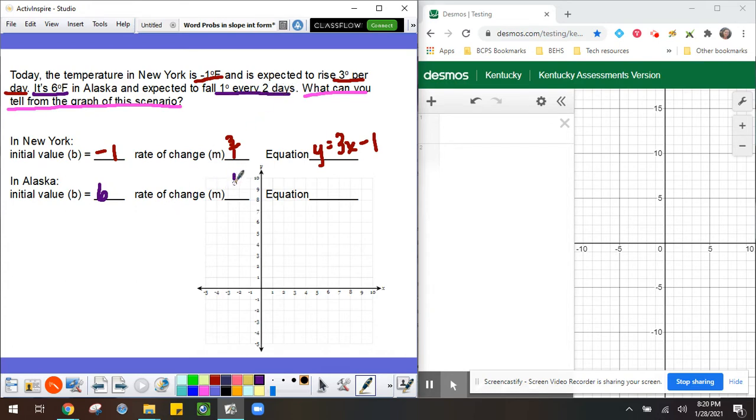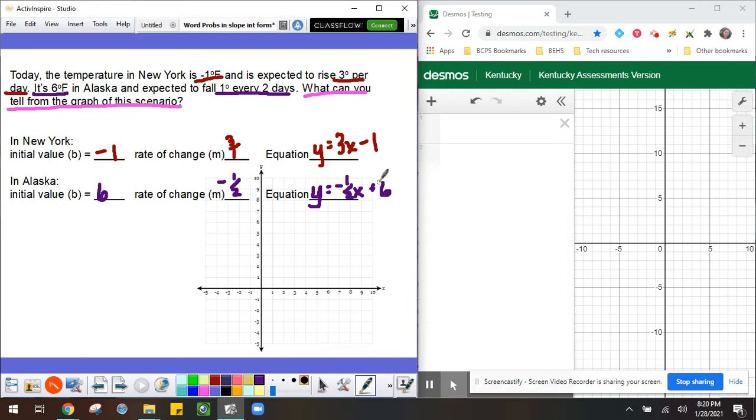It is falling, so I'm going to put a negative in front of that. And my equation is y equals -1/2 x plus 6.